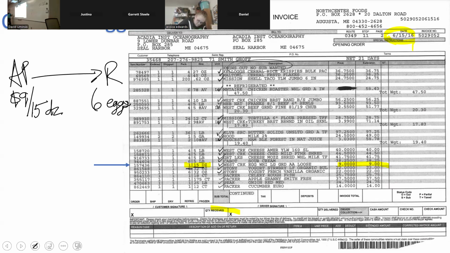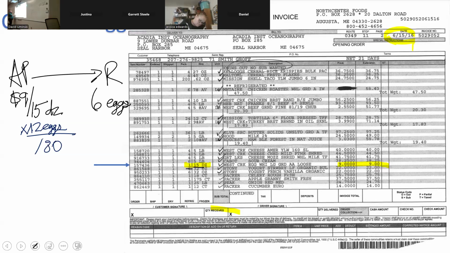So, what do we do? I know how much is 12, 15 times 12. Okay, good. Let's do that. 15 times 12 eggs is how many? 180. Okay.